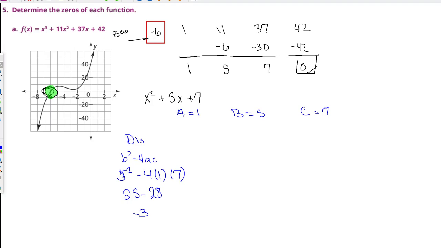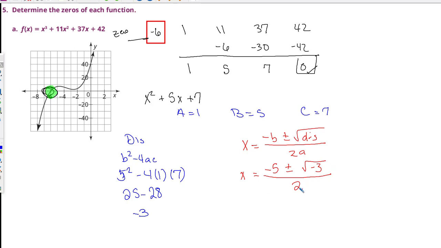Now I'm going to evaluate that inside my quadratic formula. x is equal to negative b plus or minus the square root of my discriminant, all divided by 2a. So negative b is a negative 5 plus or minus the square root of a negative 3 divided by 2 times a, so 2.